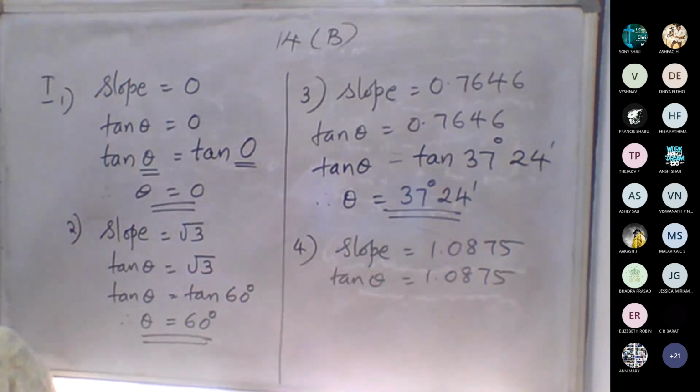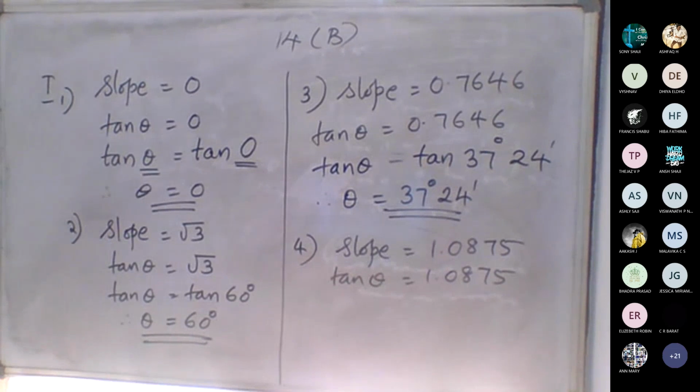The next slope. Tan theta is equal to 1.0875.